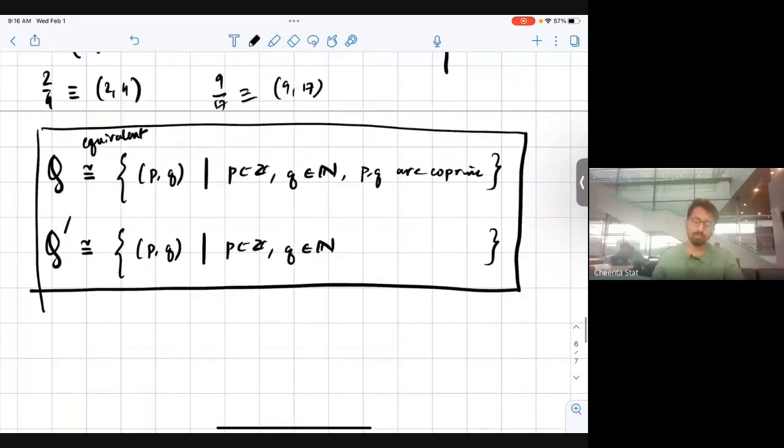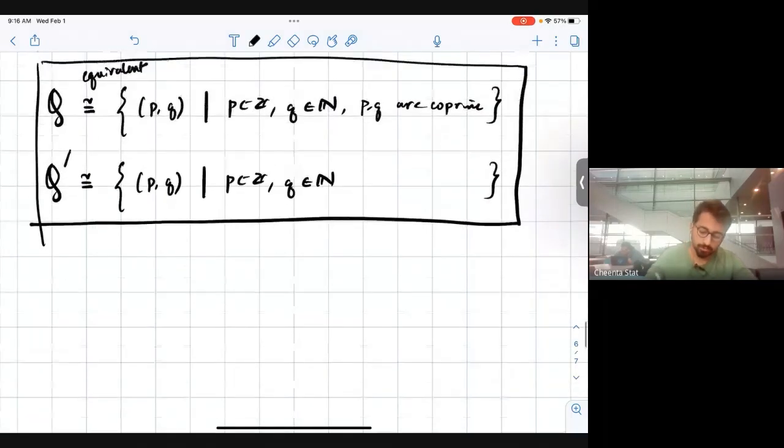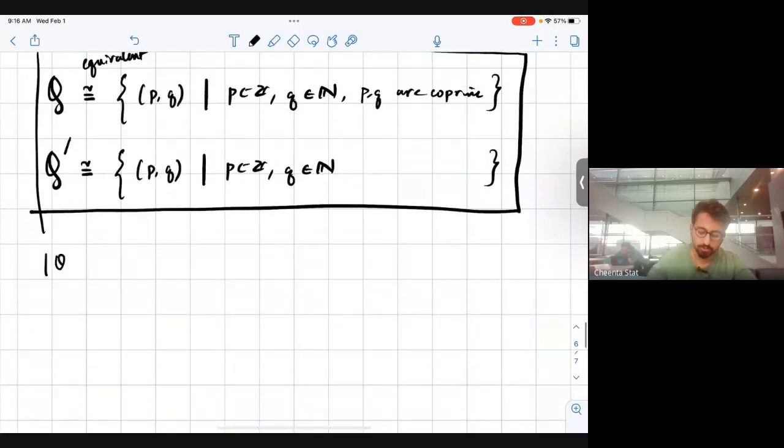Super. So understand the number of elements of Q will be equal to this set. So what is this set? Let's count the Q dash number of elements. Let's call Q dash S and Q dash S dash.